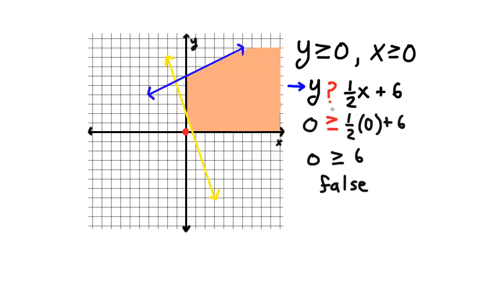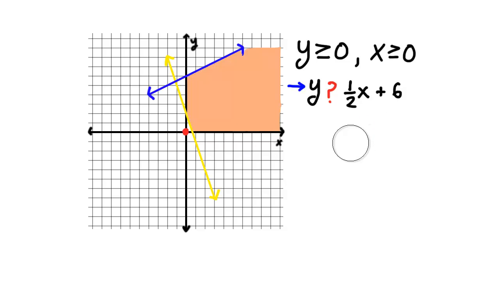So we have to switch this. So let's erase this and switch it. Instead of a greater than or equal to, we'll use less than or equal to. So now let's plug in our test point again, 0, 0, plus 6, and that comes out to 0 is less than or equal to 6.